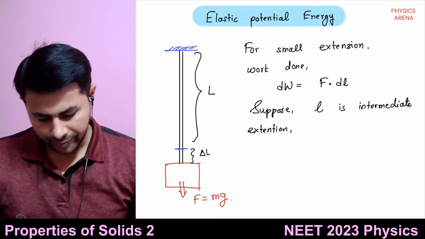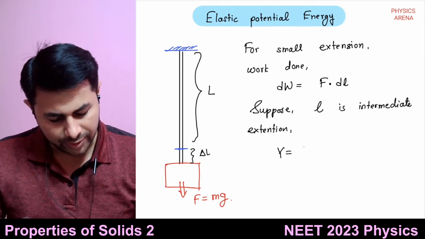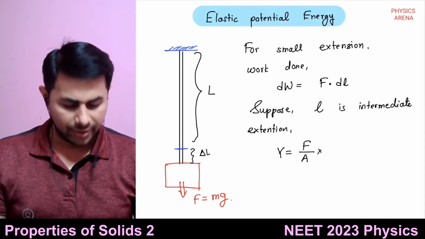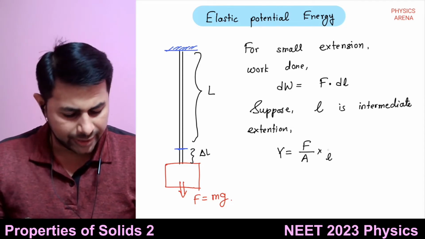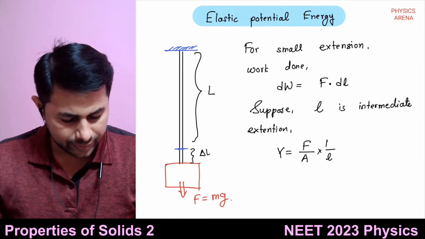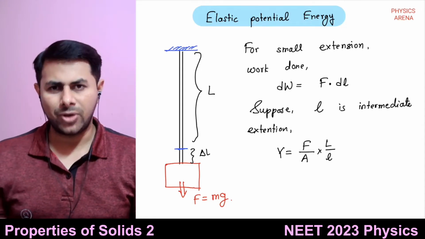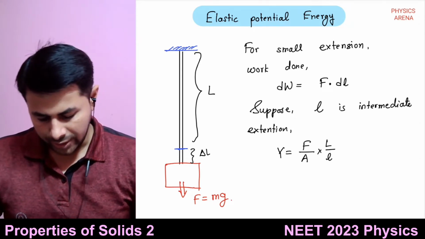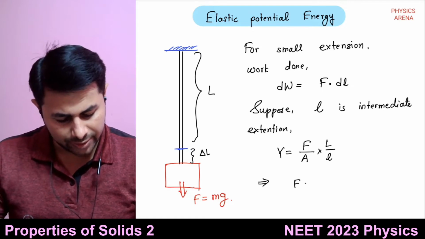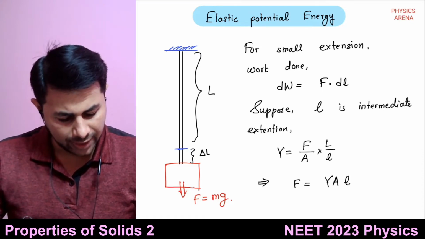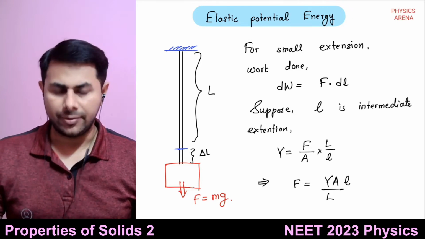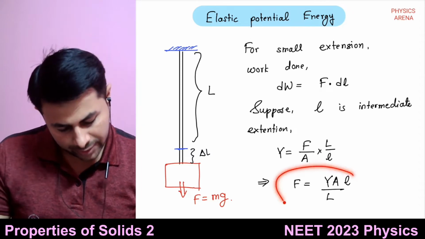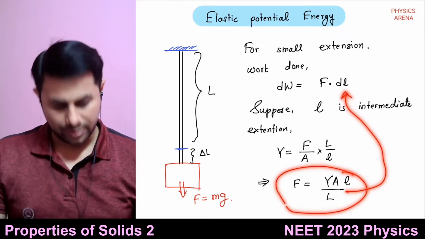Then the Young's modulus is equal to F upon A, divided by the strain, that is, multiplied by its reciprocal: capital L upon small l. So the force can be written as Y A l upon capital L, and I will substitute this here.